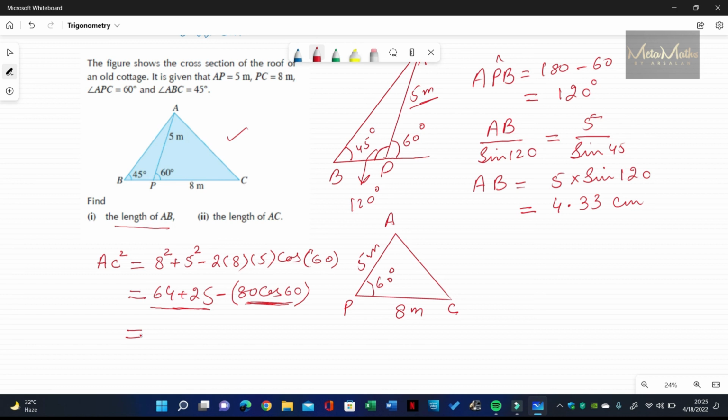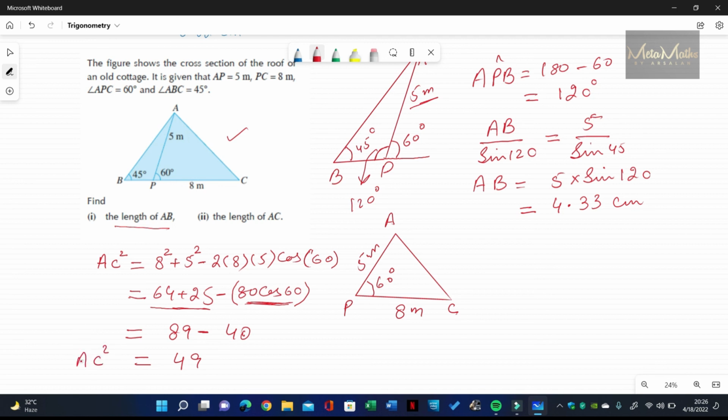So 64 plus 25 will give you 89, minus sign, then 80 multiplied by cos 60. It's 40. So when you subtract, your answer is 49. It is the answer of AC square.